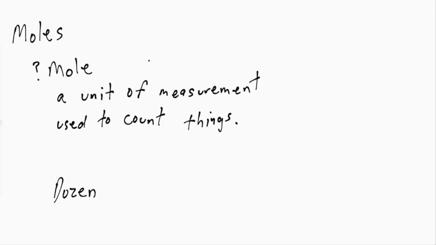You might think, well, why would we use moles instead of a dozen? Well, you know that a dozen represents 12 things. And you can use a dozen to measure more than eggs. You can measure a dozen cars, 12 cars. Well, a mole equals 6.02 times 10 to the 23rd things.